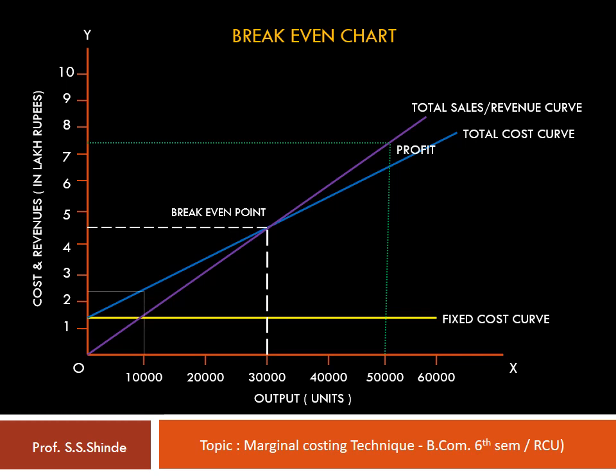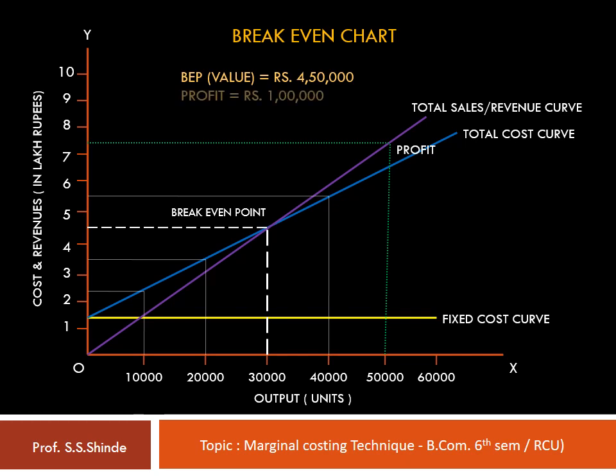So the data is plotted on the graph to draw the curves respectively. From the graph we can ascertain that the break-even point is 4,50,000 rupees at 30,000 units. So break-even point in value is 4,50,000 and in terms of units it is 30,000, and the profit earned at 50,000 units is rupees 1 lakh.